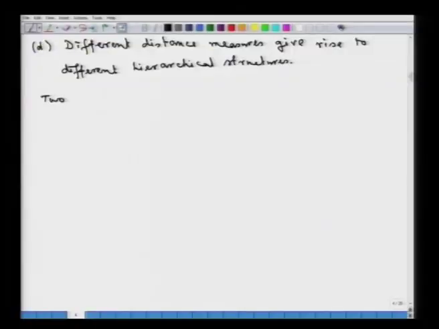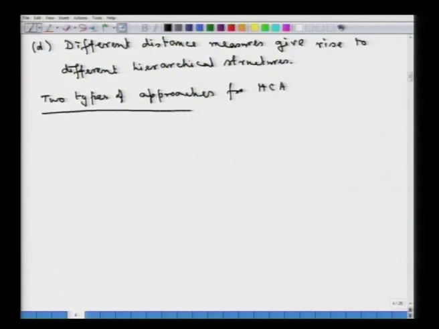Now the 2 types of approaches for this hierarchical cluster analysis formation are, the first one is what is called agglomerative hierarchical clustering method, and the second one is called the divisive hierarchical clustering method.